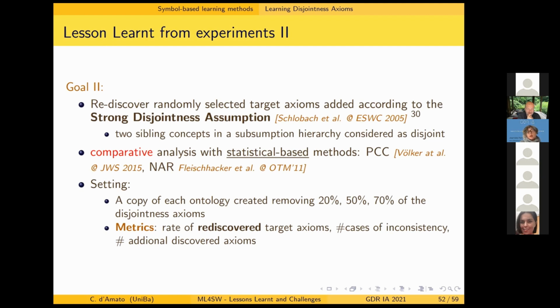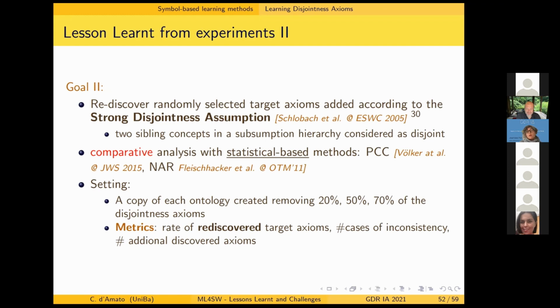Here, it is important to point out that given that the number of axioms that can be found within an ontology is quite often limited, we first generated additional disjointness axioms by adopting the strong disjointness assumption proposed by Stefan Schlobach and colleagues, that mostly asserts that given an ontology, two sibling concepts in a subsumption hierarchy need to be considered as being disjoint.